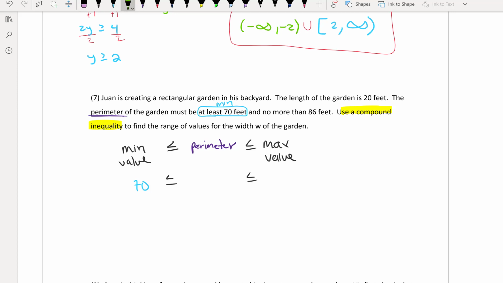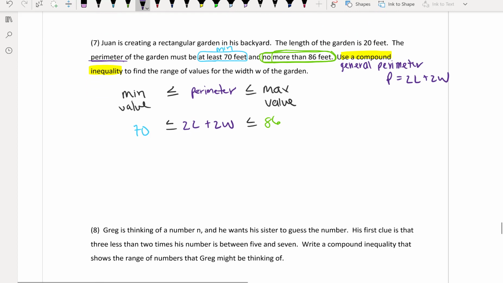Now it's going to talk about my maximum. It says no more than 86 feet. So the maximum value is going to be 86 feet. Well, if I use perimeter, I know that the general equation for perimeter is really my perimeter is equal to 2L plus 2W.